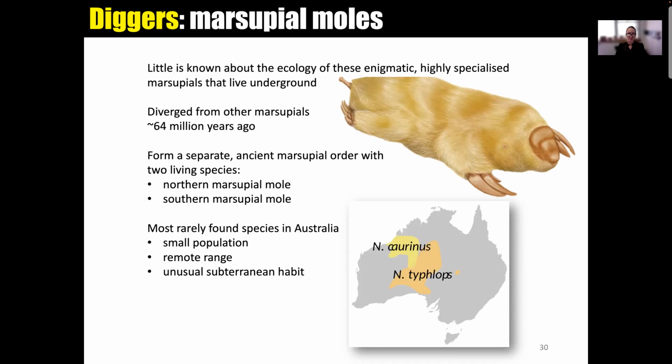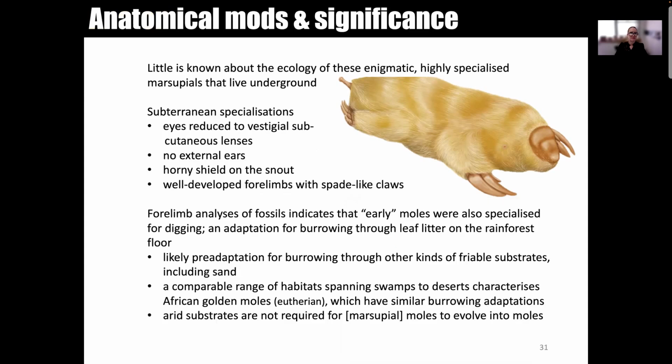They are the most rarely found mammal species in Australia. So they have a very small population, a very remote range, and this unusual subterranean habit. So they're obviously very hard to find.